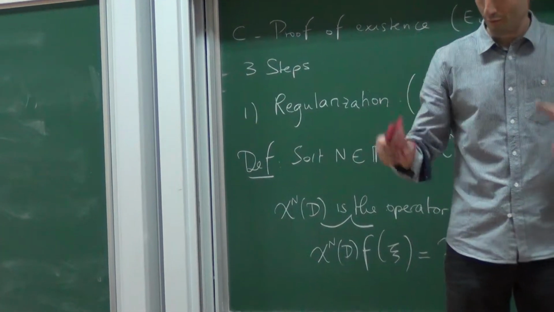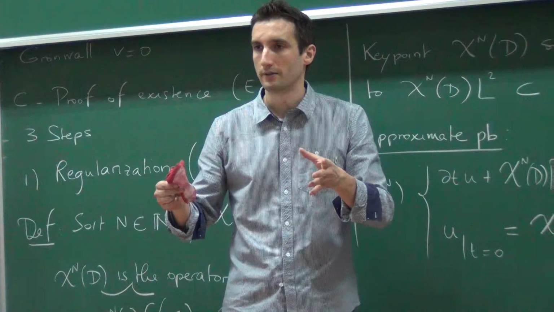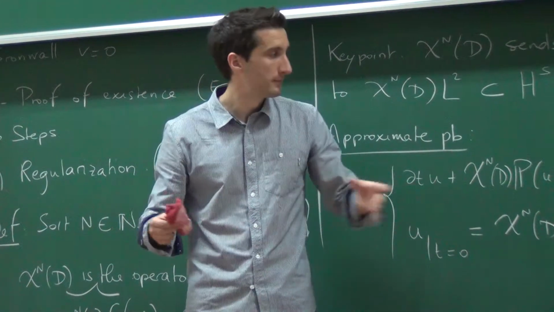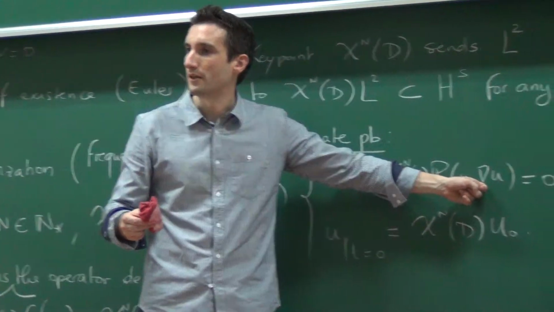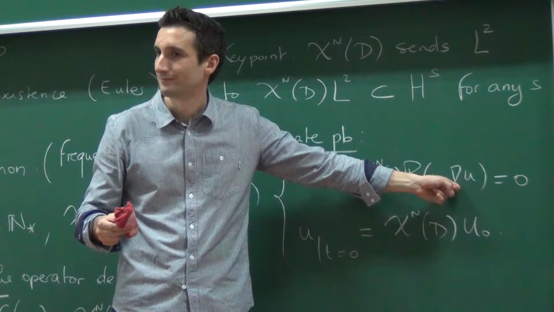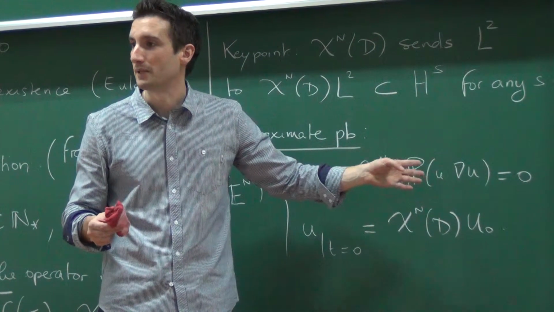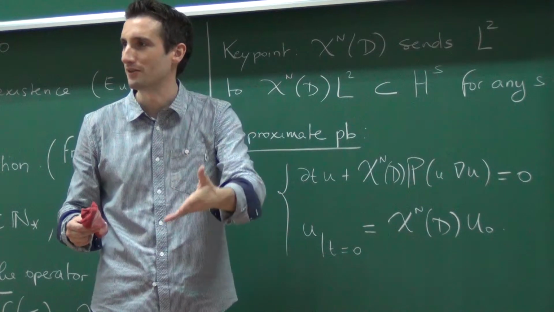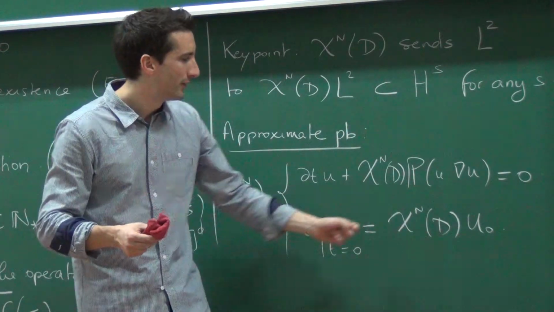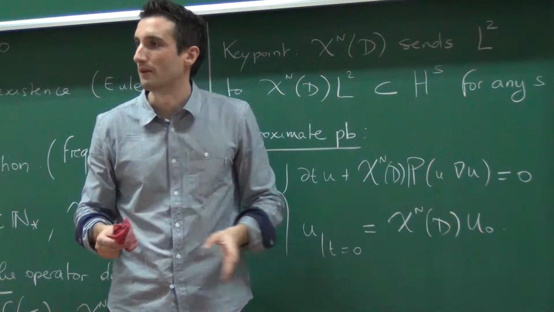But for functions that have frequencies with compact support, the gradient is a continuous operator. Right? So you don't have a PDE here. You have an ODE because the gradient acts continuously over functions that have frequencies less than capital N.